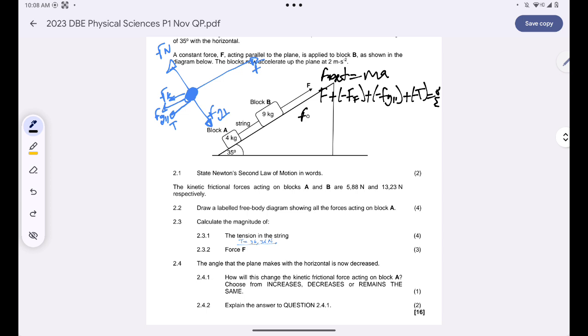I still have F plus a negative frictional force. My frictional force on block B is negative 13.23, right?